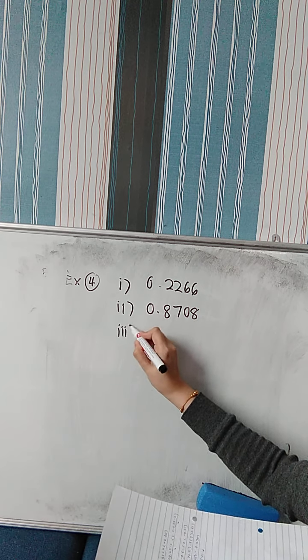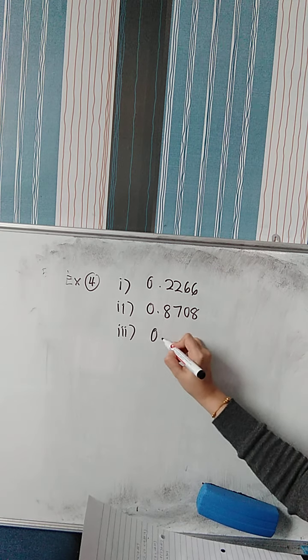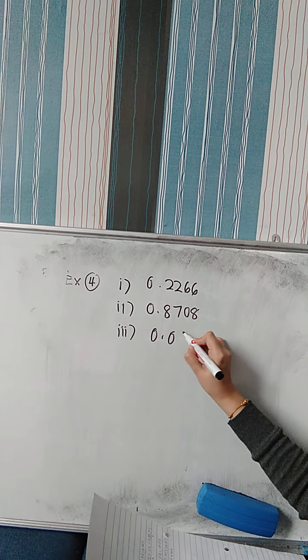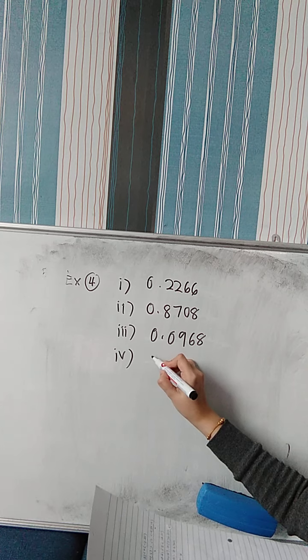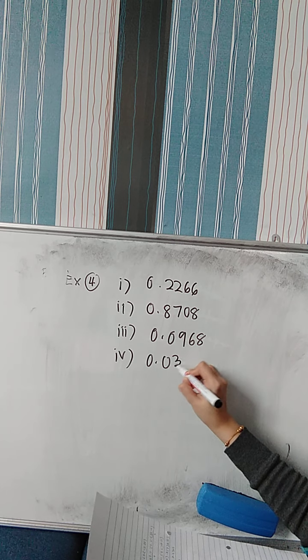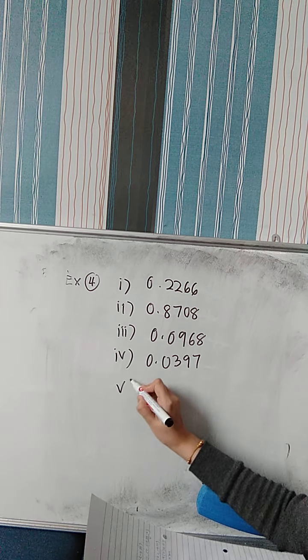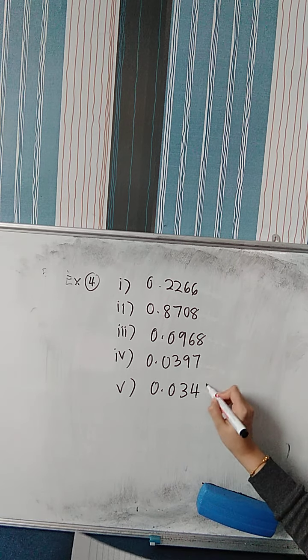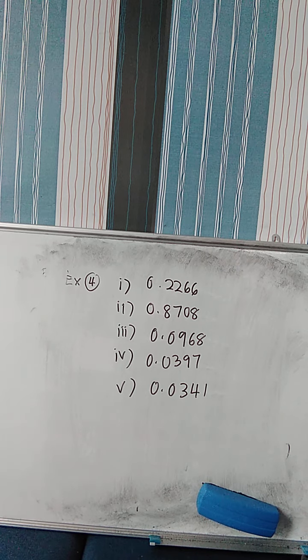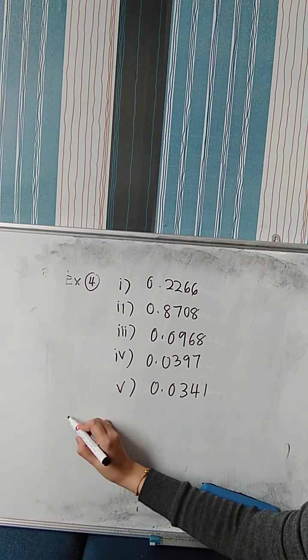And for number 3, the final answer is 0.0968. And for number 4, your answer is 0.0397. Number 5, 0.0341.